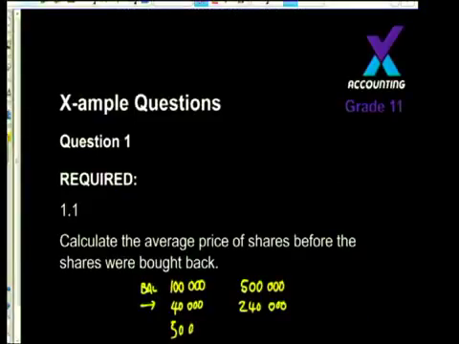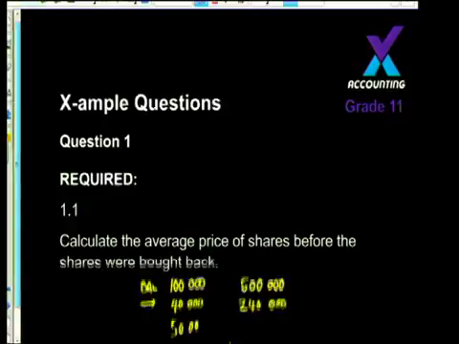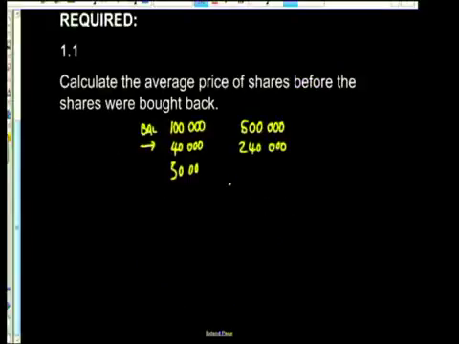Let's just extend our page again so we have it in view. So we had 50,000 shares. Remember, these were sold at 8 Rand per share, and if you do your multiplication, very simple, that will give you a value of 400,000 Rand.